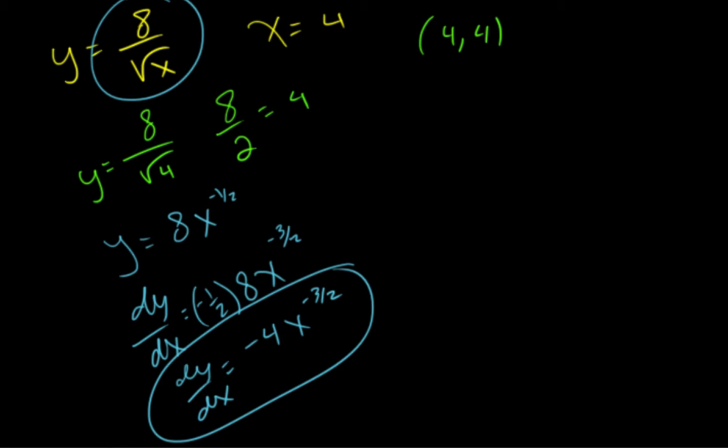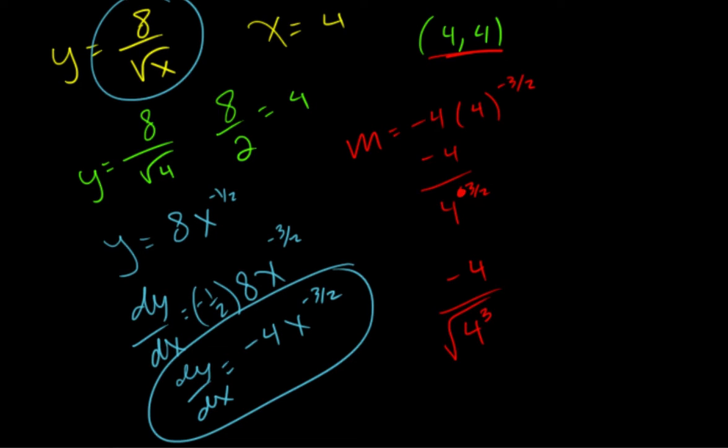And we want to find the tangent slope at the point of contact. So I'm going to plug in 4 to this. So negative 4 times 4 to the negative 3/2. We're going to get negative 4 over 4 to the 3/2, sorry, not negative 3/2, just 3/2, which is 4 cubed under a square root.